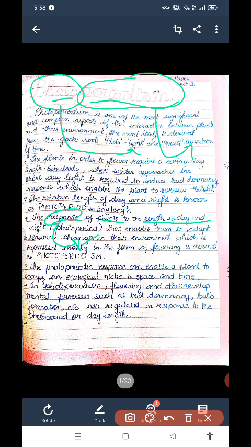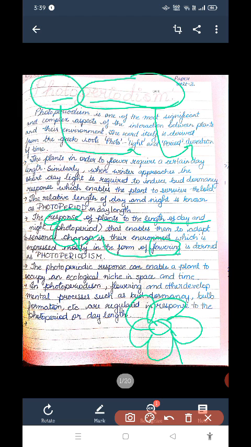But the most prominent process in which you can see the effect of photoperiodism is flowering. So every time you see a plant and it starts to flower, it means that photoperiodism has an effect on that plant.